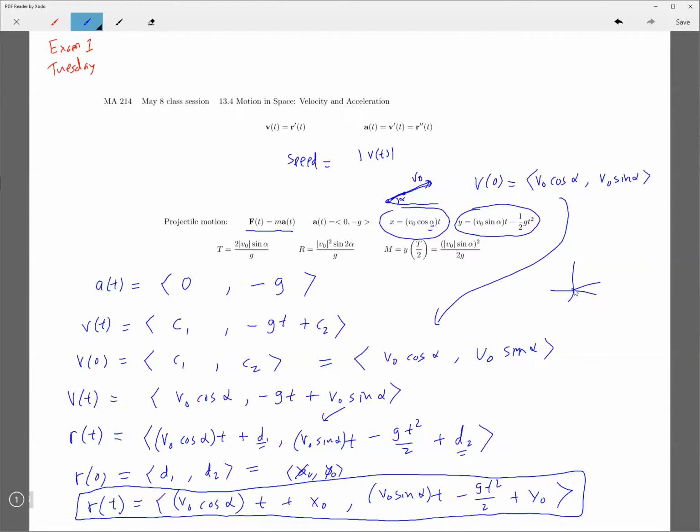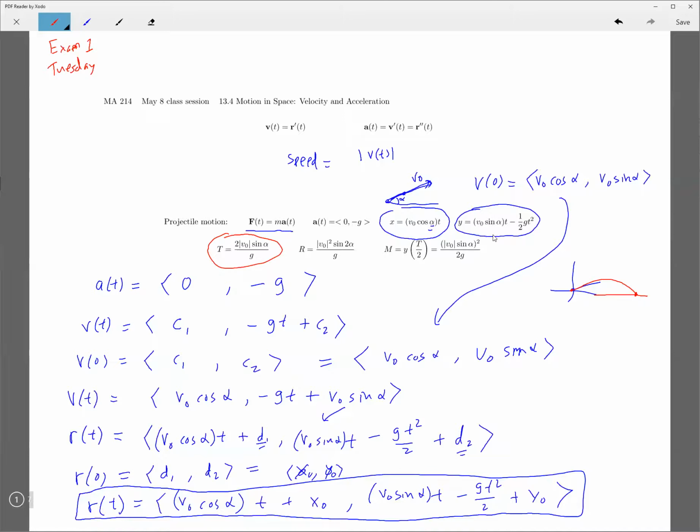Okay, now if you're launching it from the origin and you want to know how far the object's going to go, or how much time it's going to take before it lands. So for example, let's say we want to find this right here. It's going to take a path, and then it's going to come back down and land somewhere. And you're like, okay, where is that going to land? And how far and what time?